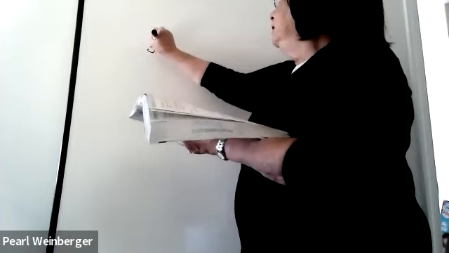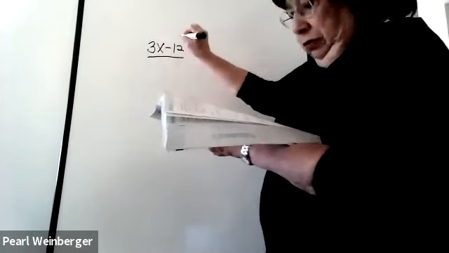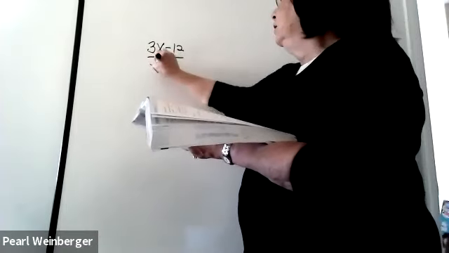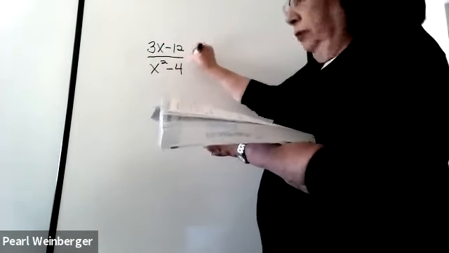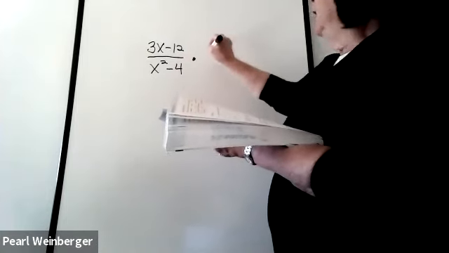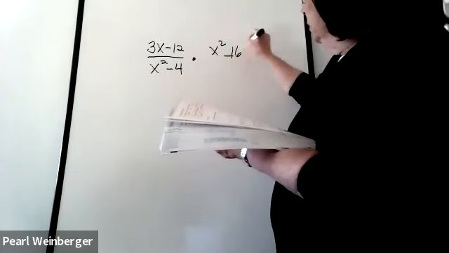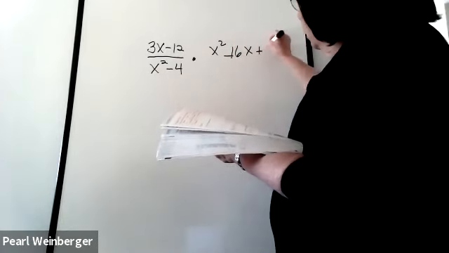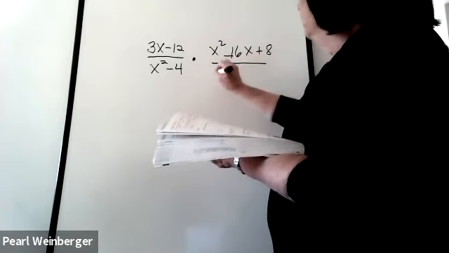Three x minus 12 over x squared minus 4 times x squared plus 6x plus 8 over x minus 4.